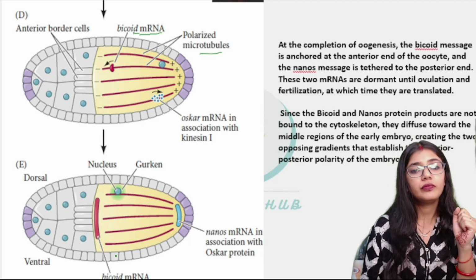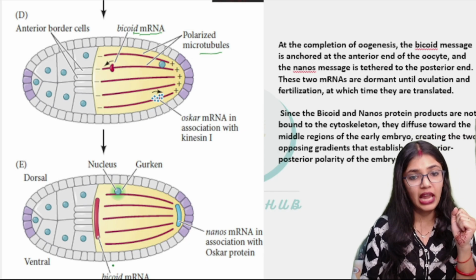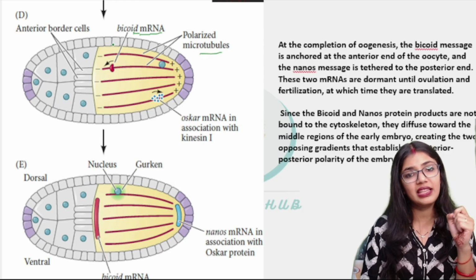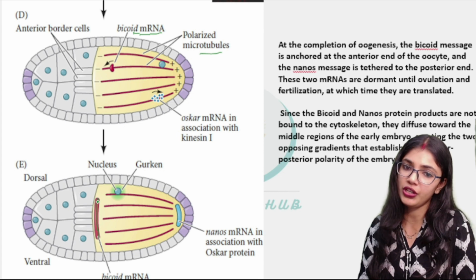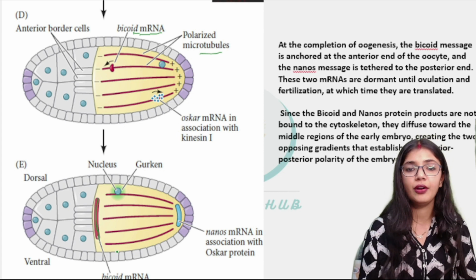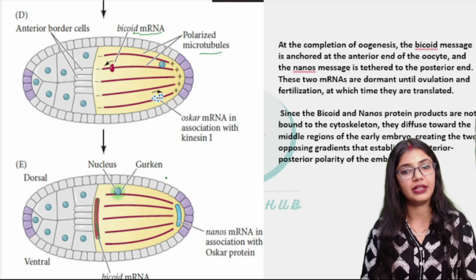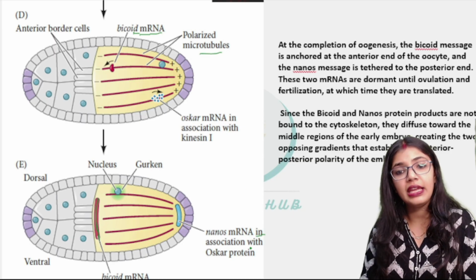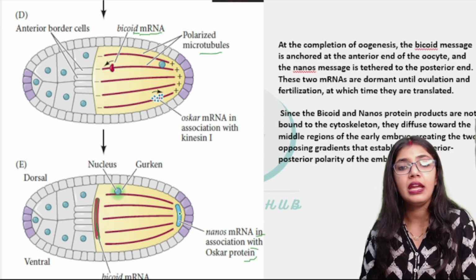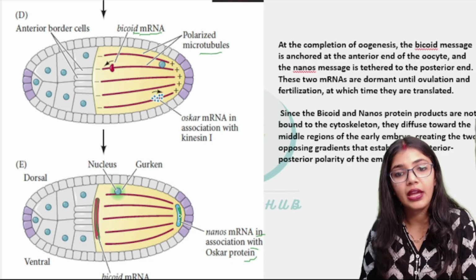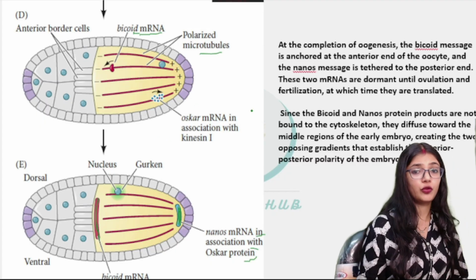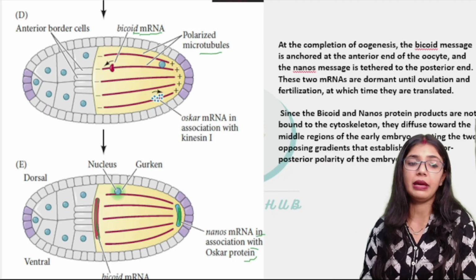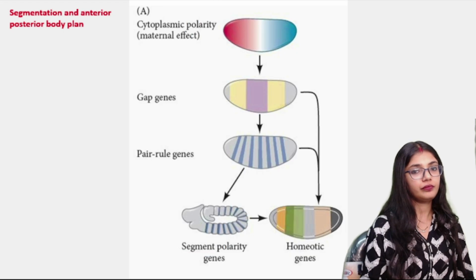So these microtubules will allow placing this bicoid mRNA in this region of the oocyte, and the nanos mRNA, in association with Oscar protein, will be present in the other region, okay. So these things are being regulated by the cytoskeleton, okay.